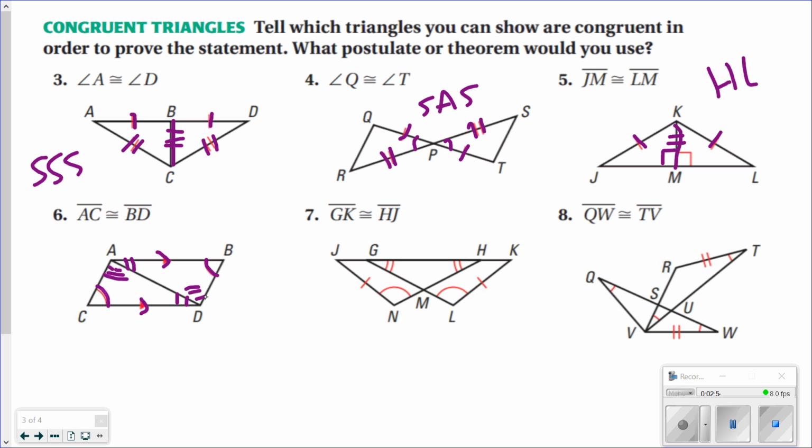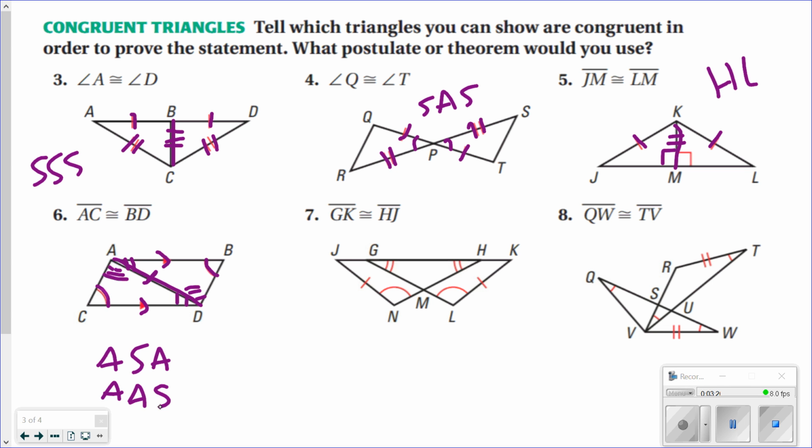Now I didn't need all that information, I can just use a few. But I also see that this line is shared between both triangles, and so I can make that marking. So which statement works here? There's actually two with how many markings I have. We could say angle, side, angle, or angle, angle, side.